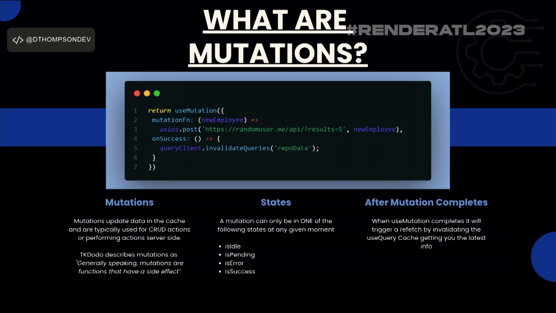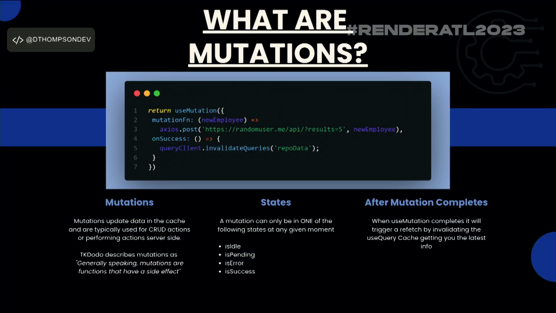And now we're starting to get into other areas, mutations. This is where it starts getting a little bit more advanced, but this is where it really starts becoming a very valuable tool for a lot of developers. Mutations update the data in the cache and are typically used for CRUD operations, or performing actions server-side.